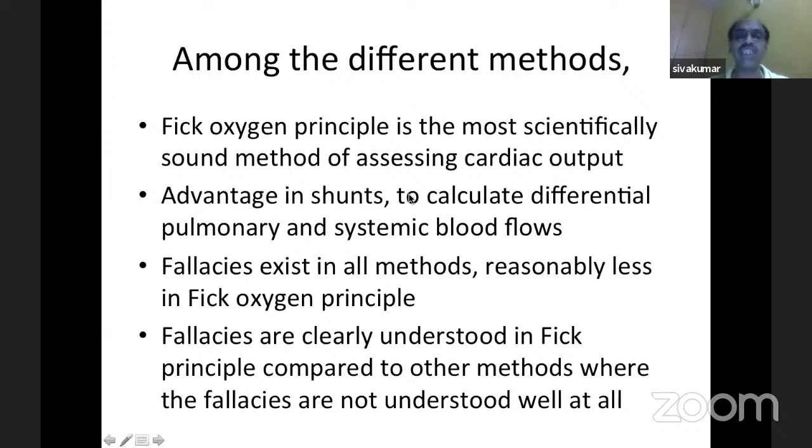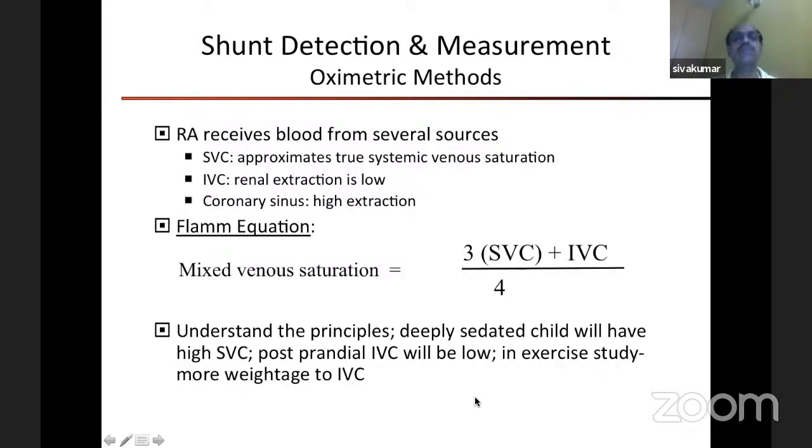It has maximum advantage in shunts because other methods fail in shunts. There are fallacies in all the methods, but we understand the fallacies in the Fick oxygen principle far better than the other methods. Fallacies are clearly understood in Fick's principle compared to any other method that you practice.